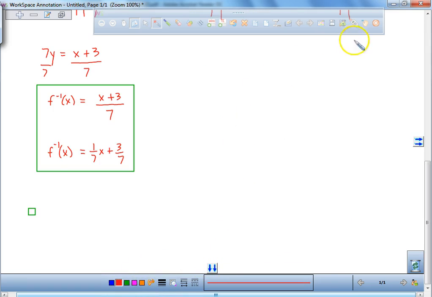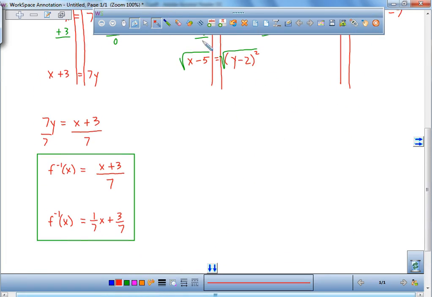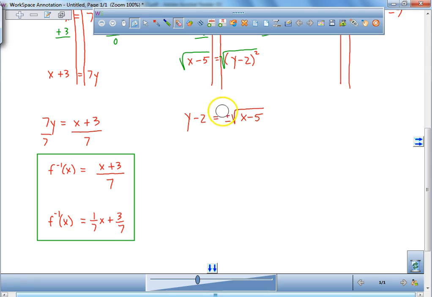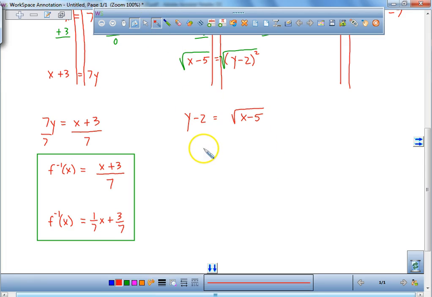All right? So when we take the square root, here's what we're left with. When I take the square root of this, I'm left with y minus 2 equals. Now, technically, it's plus or minus the square root of x minus 5. But since I restricted the domain, it's actually just going to be the positive version of this radical. And I'll explain that in Desmos here in just a second. So now we're just down to our last and final step.